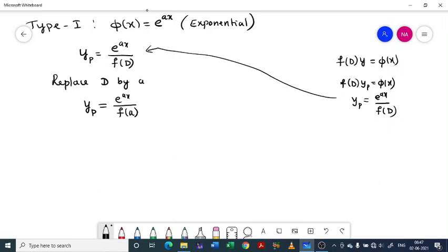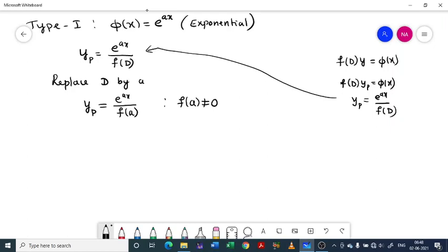The thing is f of a should not be 0, otherwise yp is not defined. So before replacing D by a, you have to check whether after replacing D by a we get 0 there.